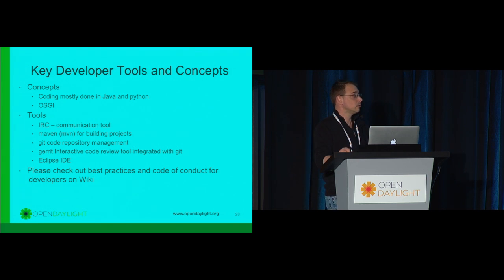On the wiki, you'll see there's a best practices and code conduct for how code is reviewed and checked in. Familiarize yourself with that. It's not as easy as just checking out some code, making a change, and checking it back in. There's a review process that has to happen.